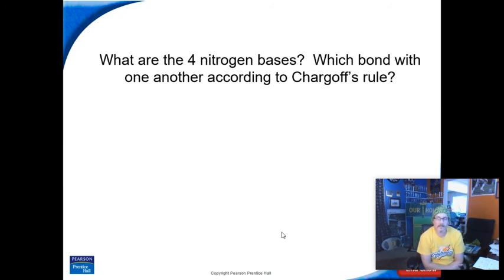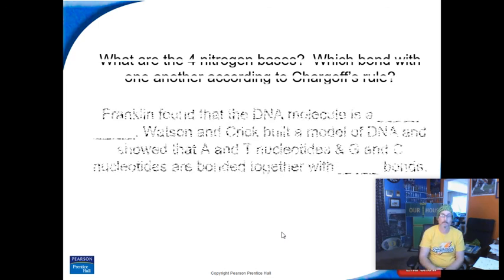Okay, four bases are A, G, C, and T. A always goes with T. It's easy to remember that because AT is a word. Okay, and then, of course, if all you're left with is C and G, they have to bond with one another as well. A goes with T, C goes with G.